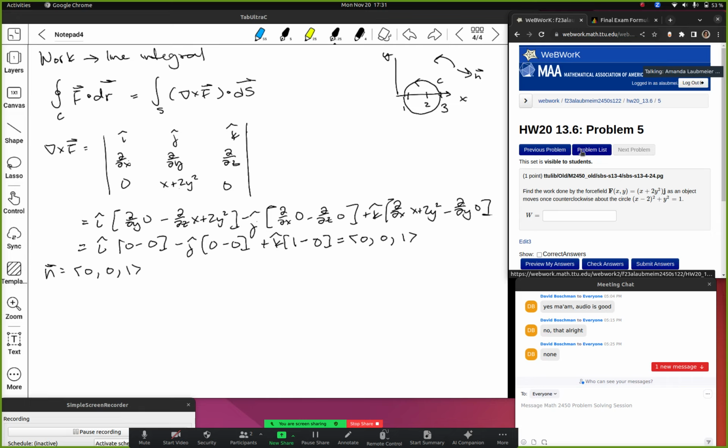So like all of the other problems we did in this video, the normal vector is 0, 0, 1, because the object lives in the xy plane and it's oriented counterclockwise, or when I wrap my fingers around it, my thumb points out of the page. So that's the normal vector.